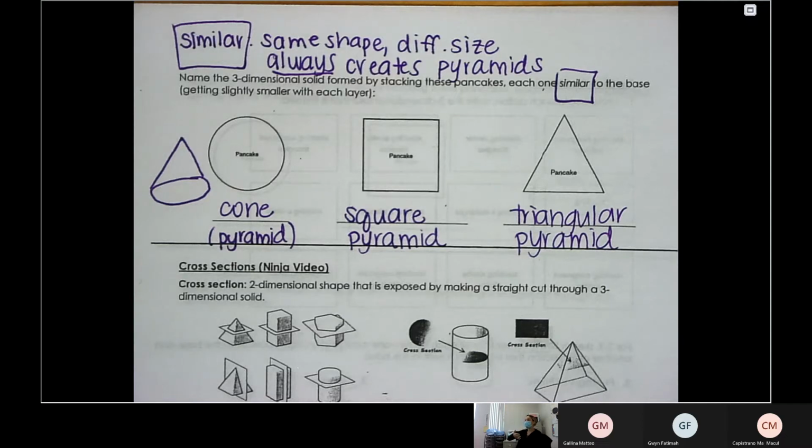You can think about a 3D shape like a cake, and then I cut the cake and take a tiny sliver of it out. I make a 2D flat shape. So depending on how you cut the cake, you could get a different shape. We're going to watch the video, and then we're going to fill out that small chart right afterwards.